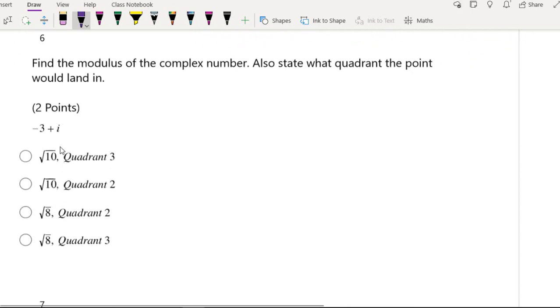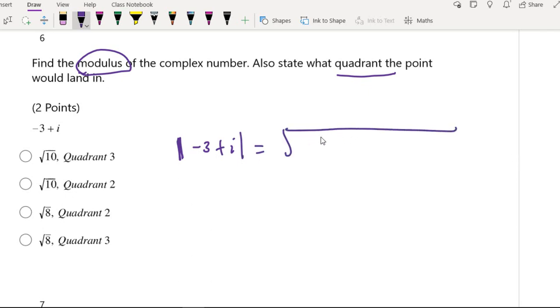Number 6. Find the modulus of the complex number. Also state the quadrant the point would land in. Modulus is the distance. Modulus for negative 3 plus i.